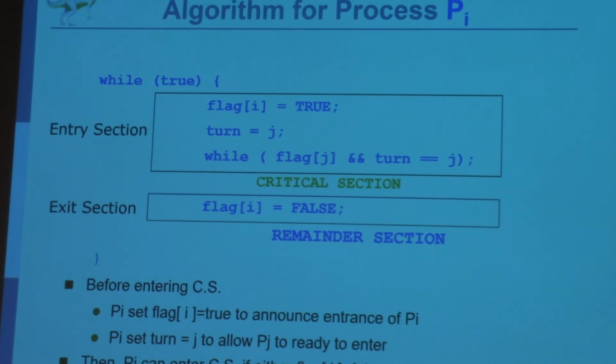So for example, this is the algorithm for process I. Process J has, let's clarify, this is a flag.